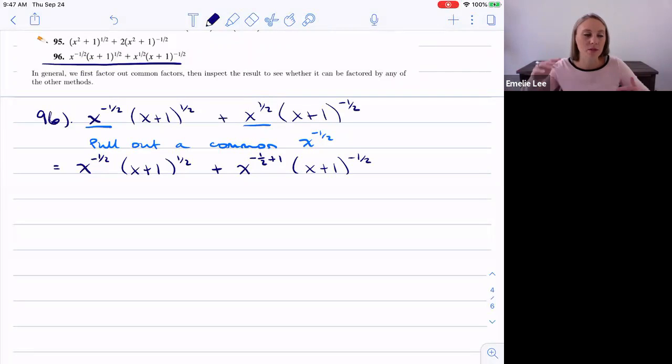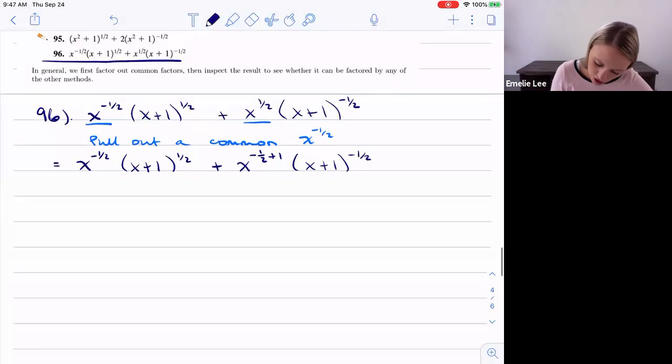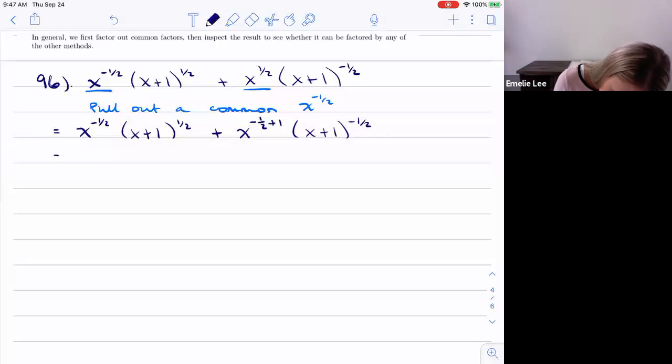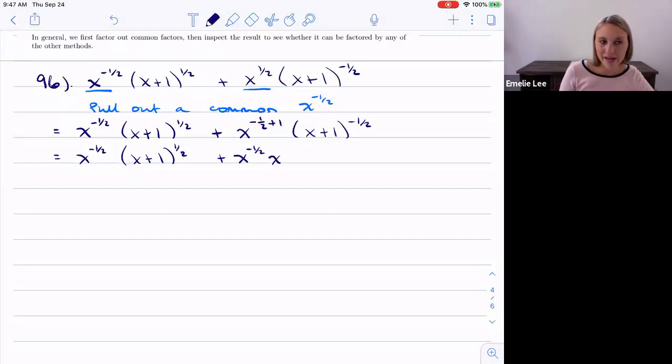We could do these simultaneously, but I feel like that's too much. So now, this is x to the negative 1/2 times x plus 1 to the 1/2, plus x to the negative 1/2 times x, because I'm going to rewrite x to the negative 1/2 plus 1 as x to the negative 1/2 times x, and you should be able to convince yourself that these are still equivalent, times x plus 1 to the negative 1/2.